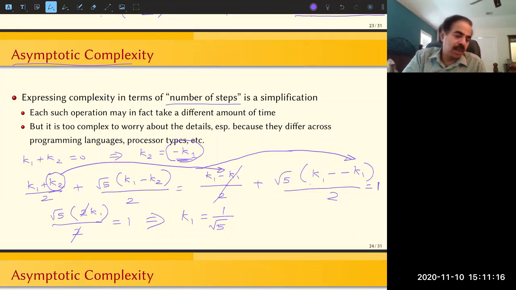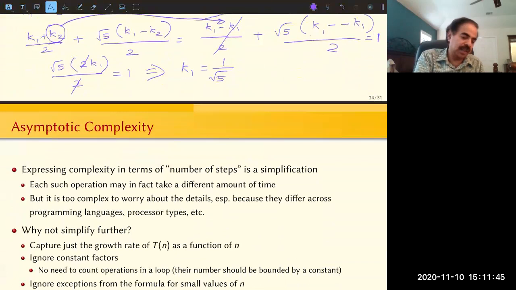For algorithms, one of the properties we care about the most is how the runtime changes when you give it larger and larger inputs. So we are primarily concerned about the growth rate: how fast does the runtime increase with the size of the input? This notion is called asymptotic complexity.